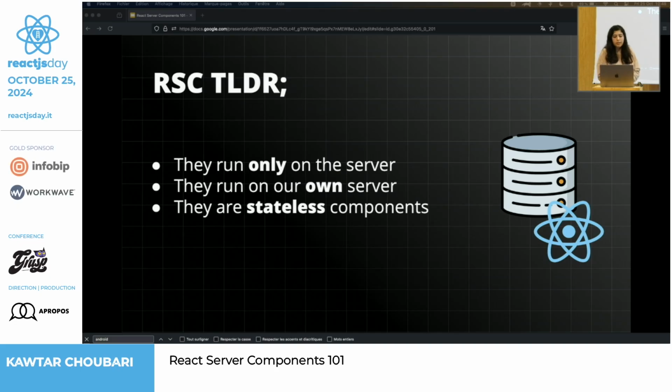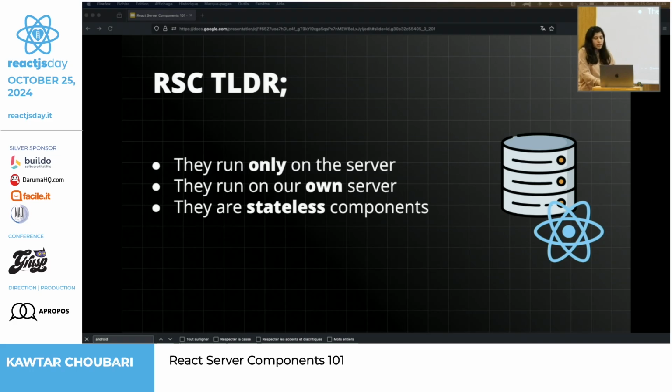So as a recap, server components run only on the server, so we only get the output on the client. We don't get any JavaScript. The second point emphasizes that since server components are running on our own server, we can actually control the execution time, try to optimize their environment, and apply all the security measures.